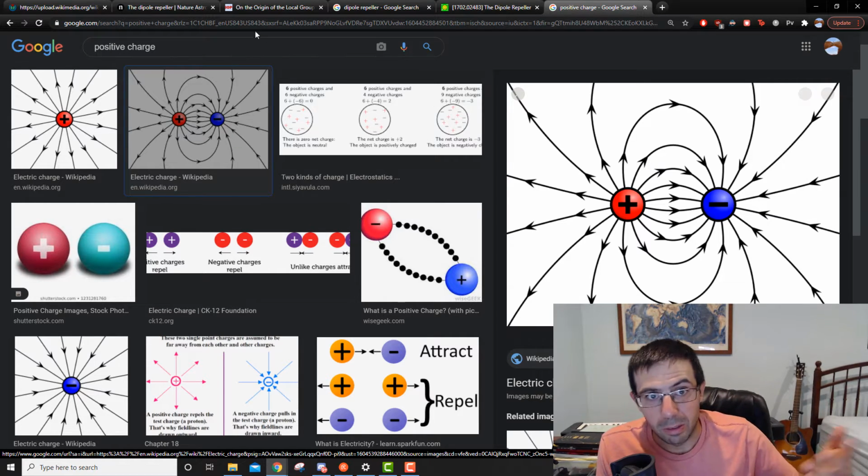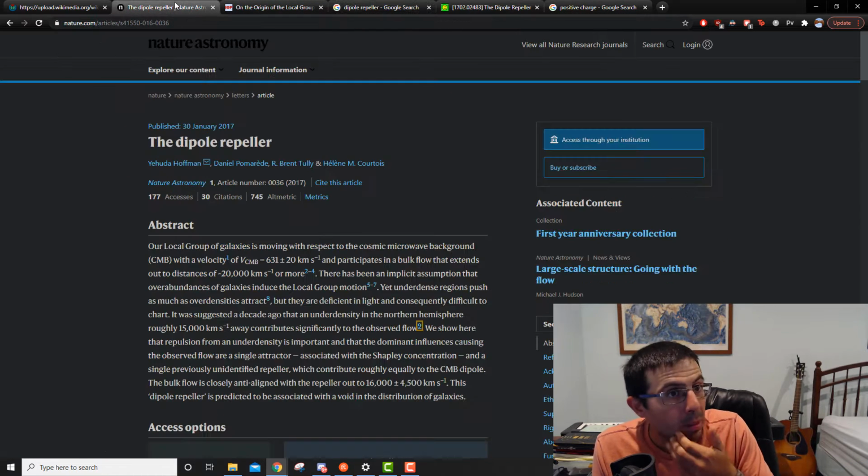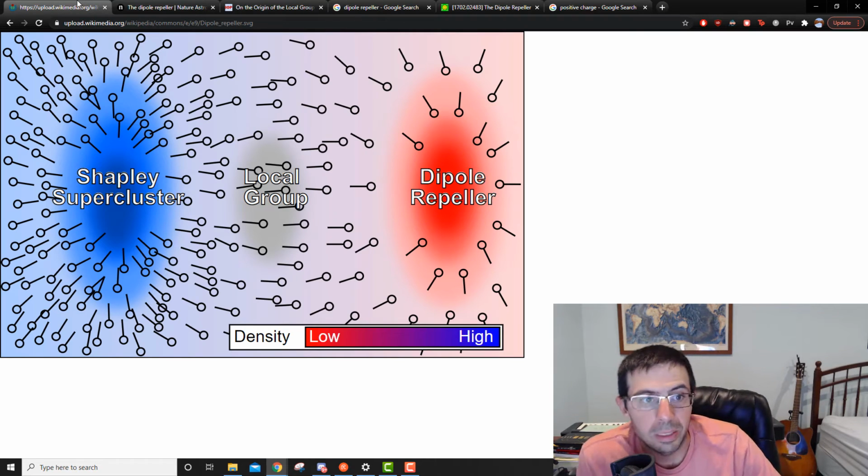So for instance, the dipole repeller. We see these as some systems in space, huge, so massive that they're beyond the size of galaxies, and yet they are the perfect example of a positive and negative charge. They are a positive and negative charge that are linked to one another by their fields. And what's crazy is, what are their fields composed of? Literally galaxies.